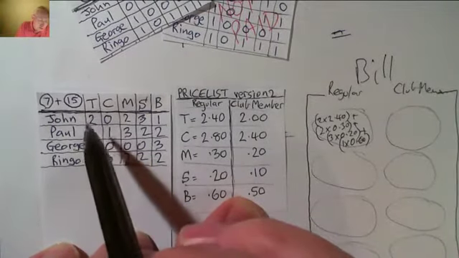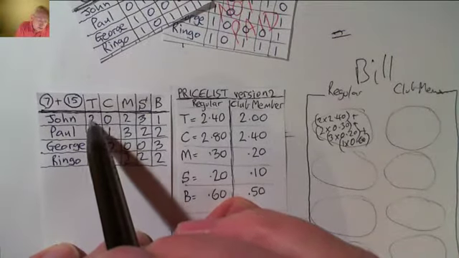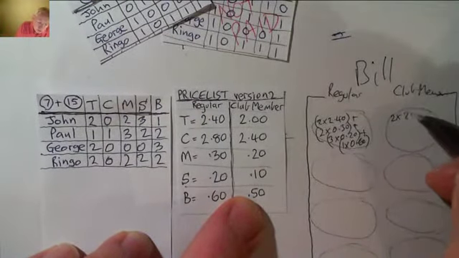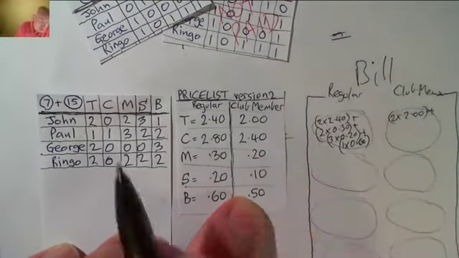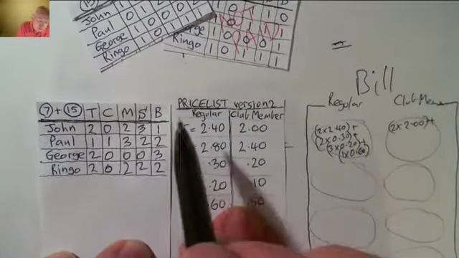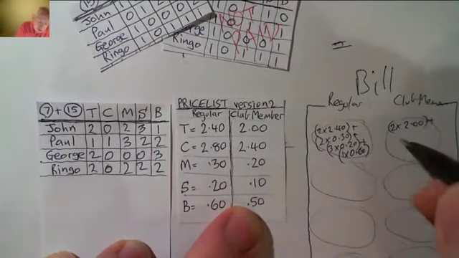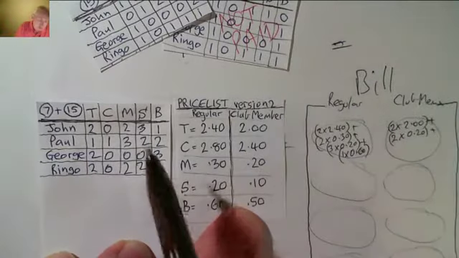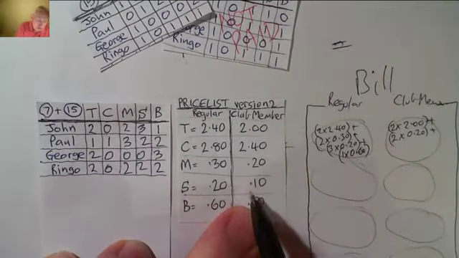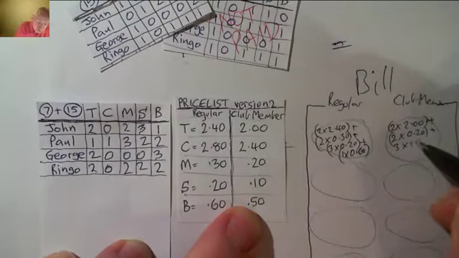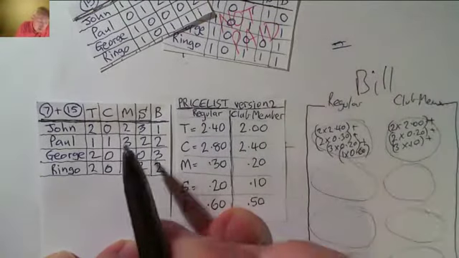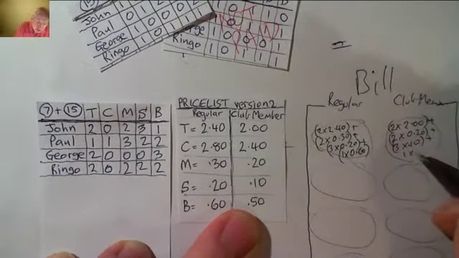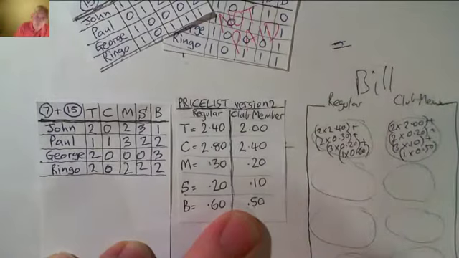So we're going to go back and say John has 2 teas to pay for at only $2 each, so it's 2 times $2, plus he's got 2 milks to pay for at 20 cents each, so it's 2 times 20 cents, plus he's got 3 sugars to pay for at 10 cents each, and lastly he's got 1 biscuit to pay for at 50 cents. So 1 times 50 cents.